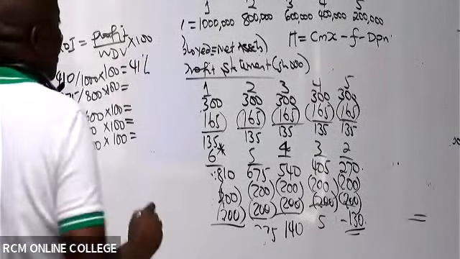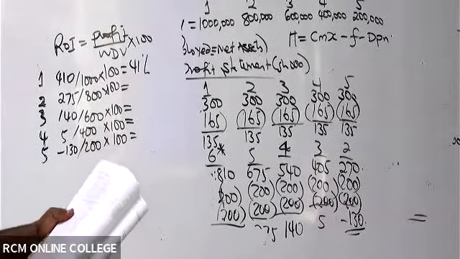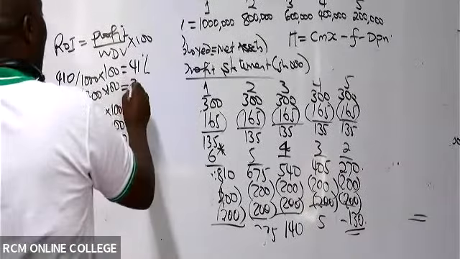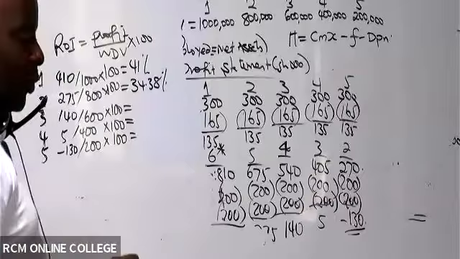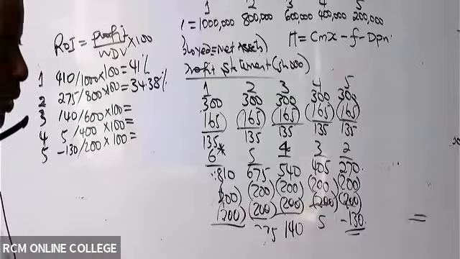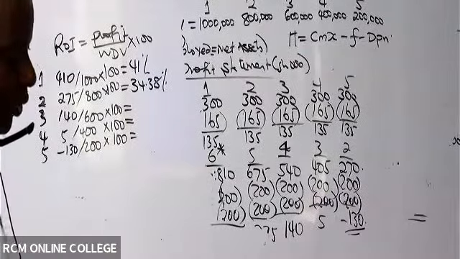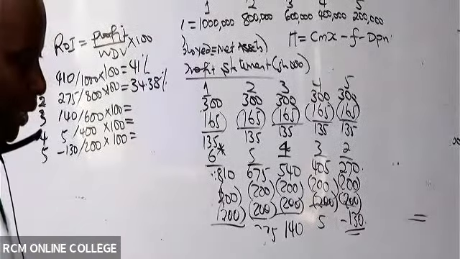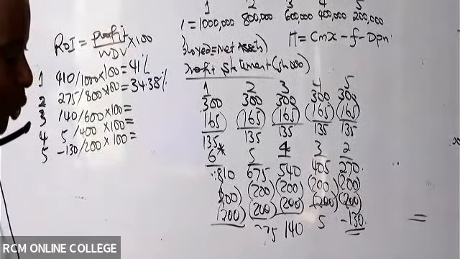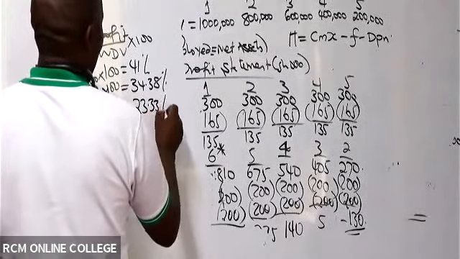Thank you so much. The second one is 34.38%, two decimal places. Then we have the third one, 23.33%.